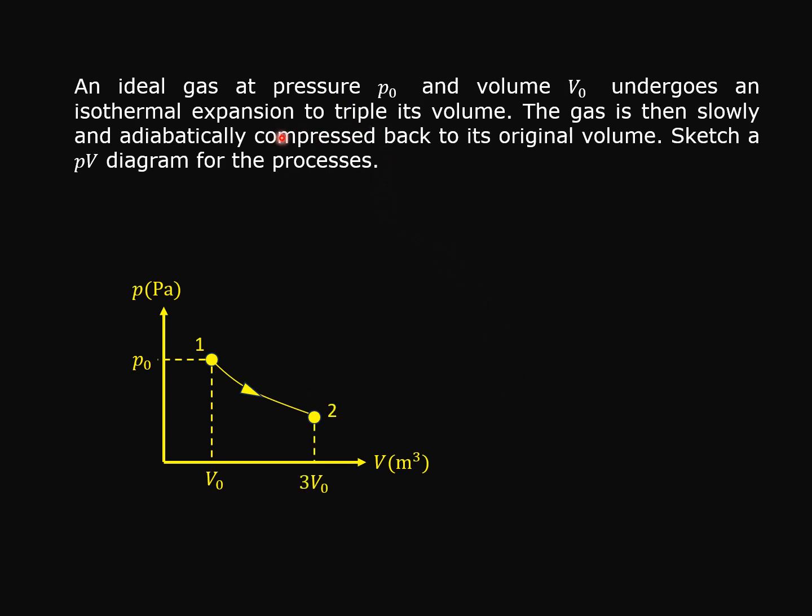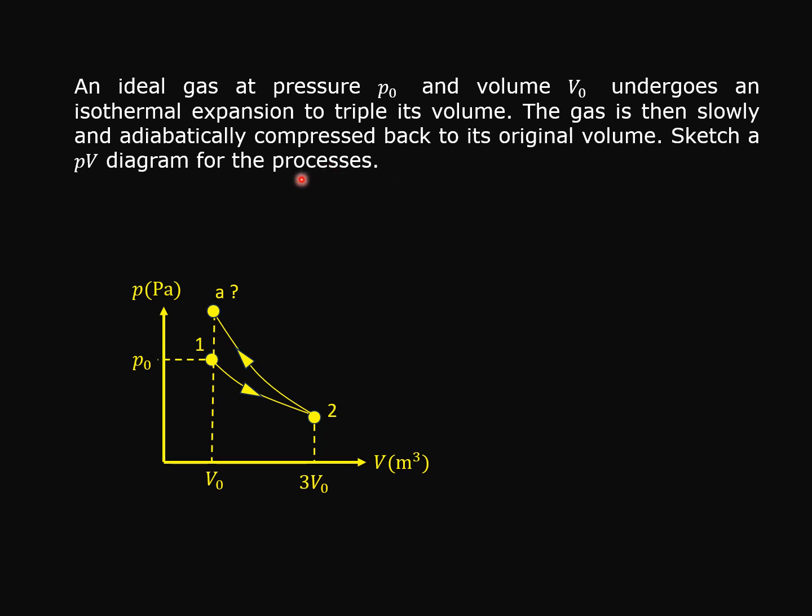According to the information given, after the isothermal expansion, the gas volume becomes 3 times the initial volume. So in this state the volume is 3V0, and we label this final state as state number 2.